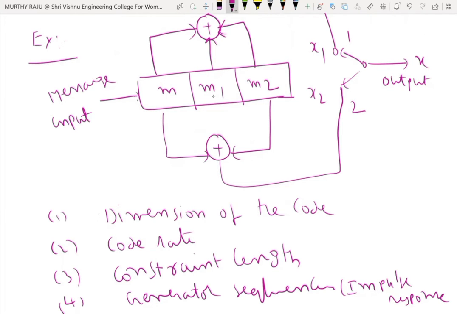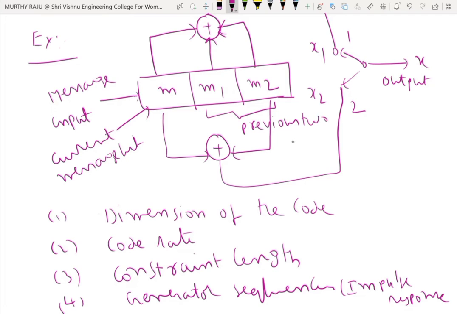Here small m represents the current message bit. m1 and m2 are the previous two successive bits.